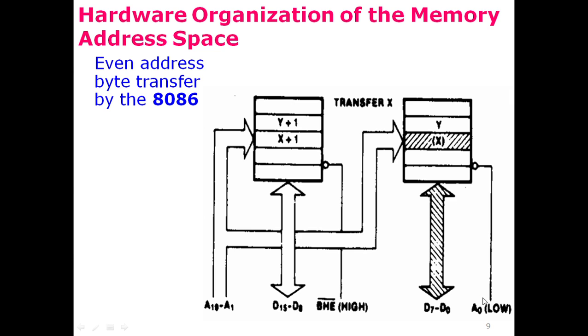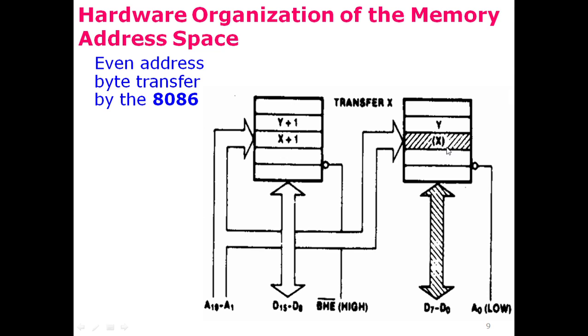In this example A0 would be low, so the low bank or the even bank would be selected, while bank high enable is high, so this bank would not be enabled even if the address is provided to both of these banks in the corresponding location. Only the low bank is enabled as A0 is low, while the high bank is not enabled.